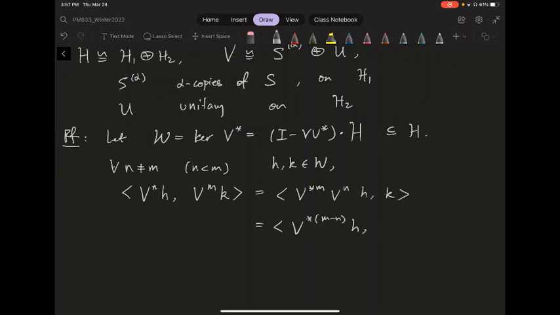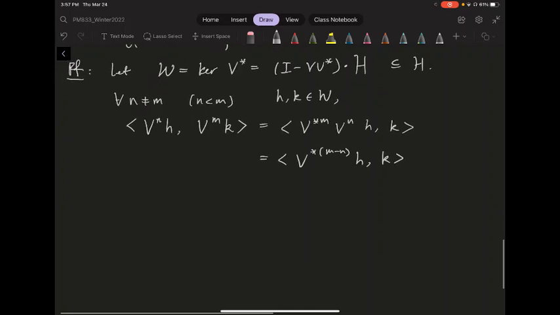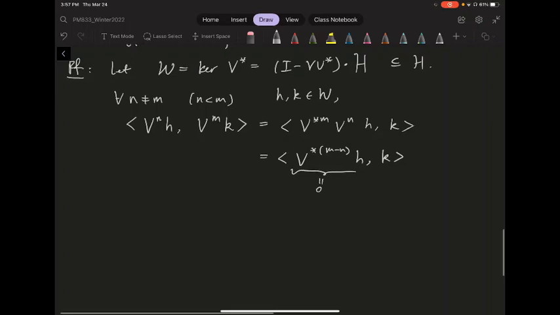The point is there is some V star, and because h is inside W, well, W is the kernel of V star. So only one copy of V star will kill off this h. This part will have to be equal to 0, okay, because m minus n is greater than 0. And of course, if n is greater, then you just move the n to the other side, same proof. But in any case, this is equal to 0.